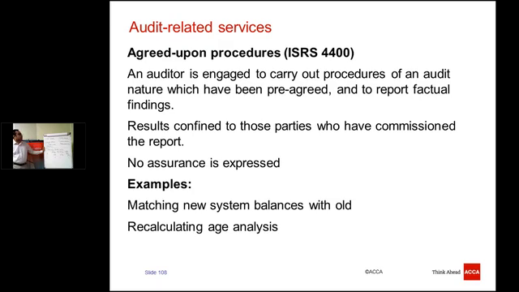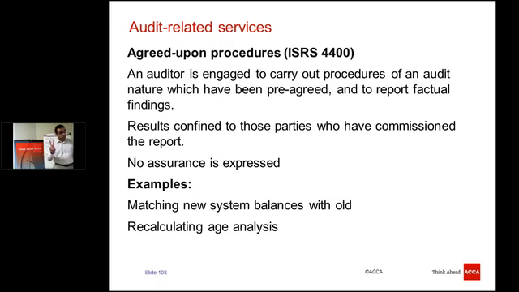Also important for both of these types of standards, the agreed upon procedures report and compilation reports or engagements, they provide no assurance. No assurance is expected. So this basically means that now there are 4 levels of assurance. One is absolute assurance. The accounts are perfect. And this is impossible to achieve, and hence it is never given.